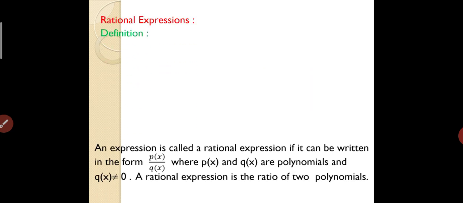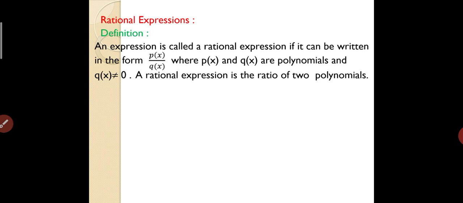Rational expressions definition. An expression is called a rational expression if it can be written in the form of p of x divided by q of x, where p of x and q of x are polynomials and q of x is not equal to 0. A rational expression is the ratio of two polynomials.